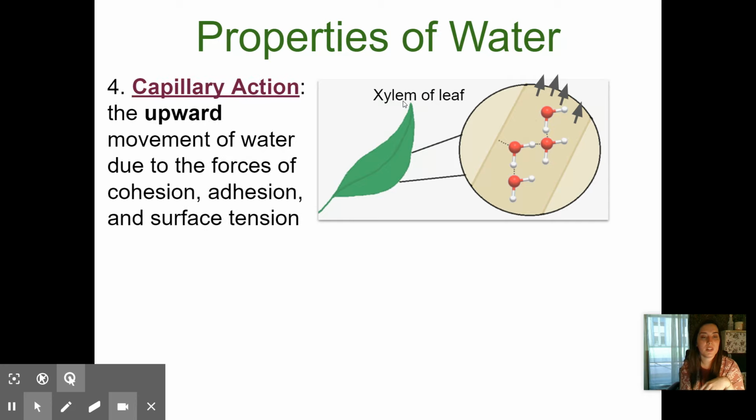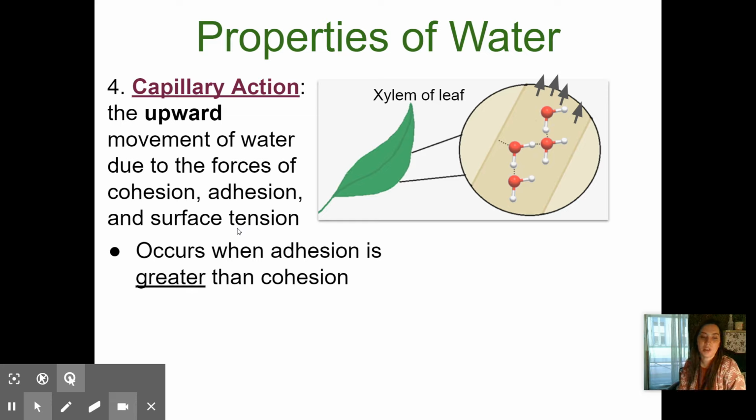Okay. So the next one is capillary action, and this is the upward movement of water due to the forces of cohesion, adhesion, and surface tension. So this is like a putting-it-all-together property of water because it involves all three of those. And it occurs when adhesion is greater than cohesion.